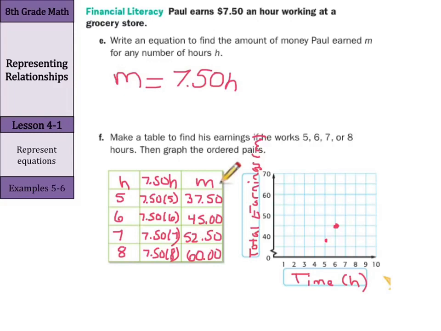How about 7 and $52.50? That's going to be somewhere around there. And then 8, $60 is exactly there. And that's the graph. So once again, we've gone from words to an equation, to a table, and to a graph. That's it. Good luck.